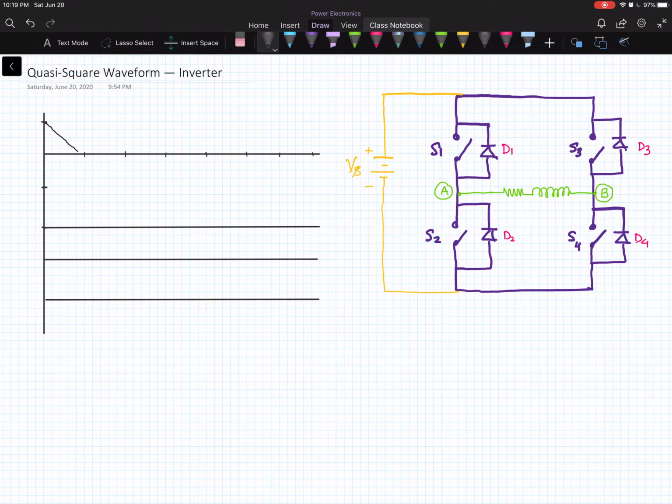For that, I am going to consider a triangular waveform like this.